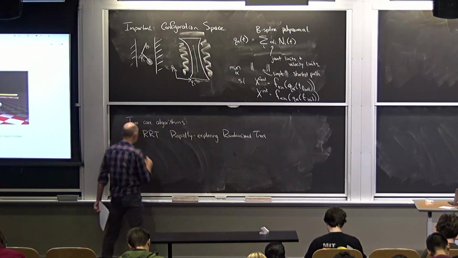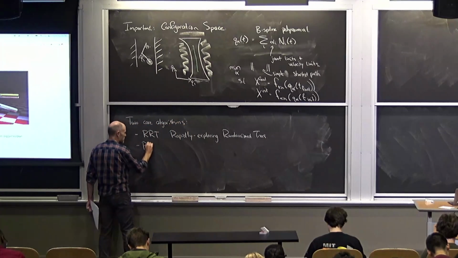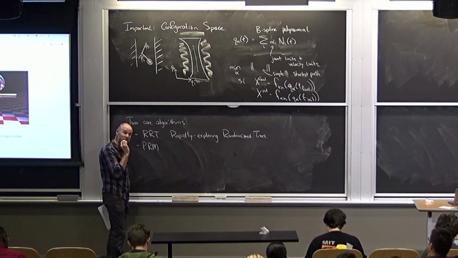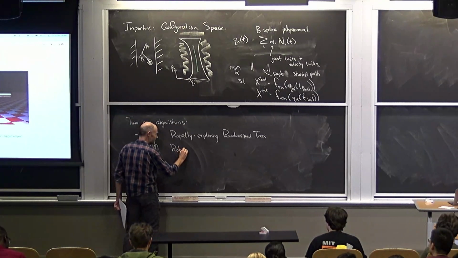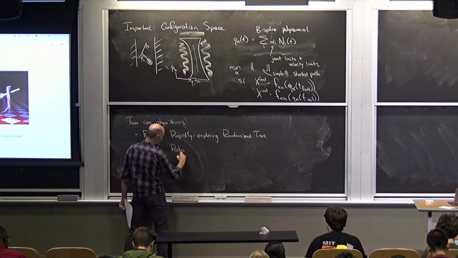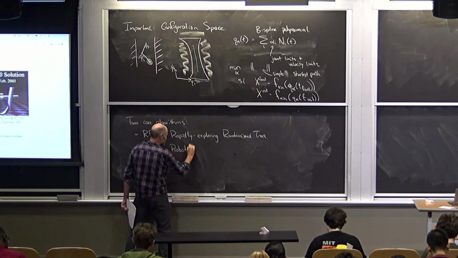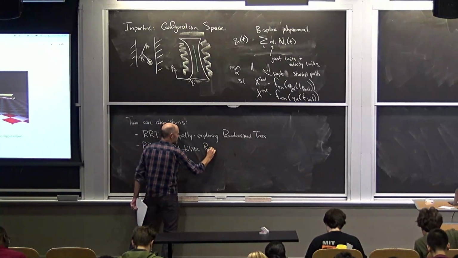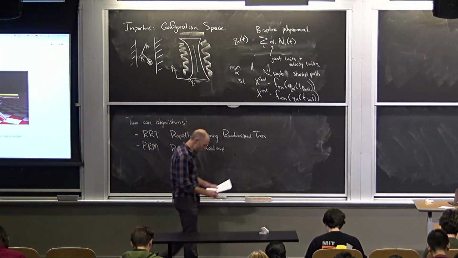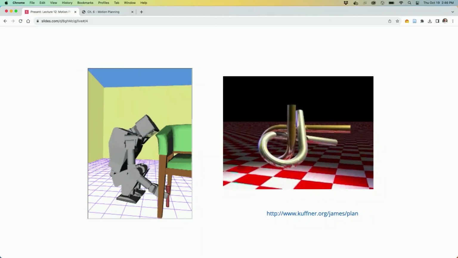And the other one is the PRM, the Probabilistic Roadmap. To play in this space, you have to use 3-letter acronyms. So you'll see we have a new algorithm that's also got a 3-letter acronym because we felt like we had to. And they're both surprisingly simple.